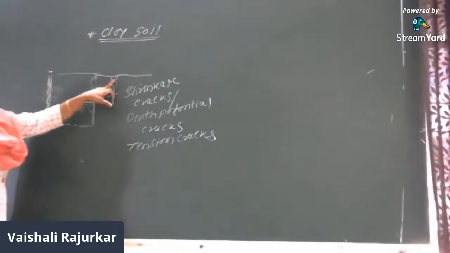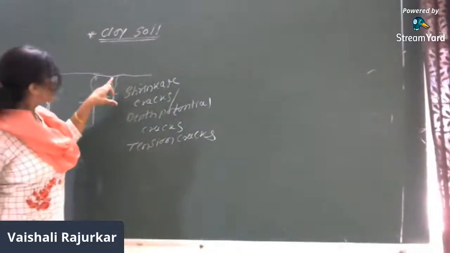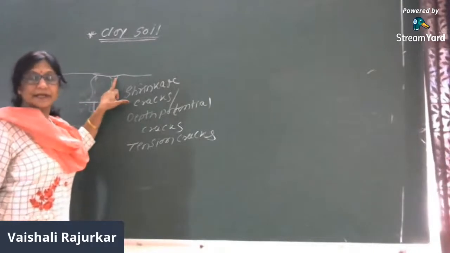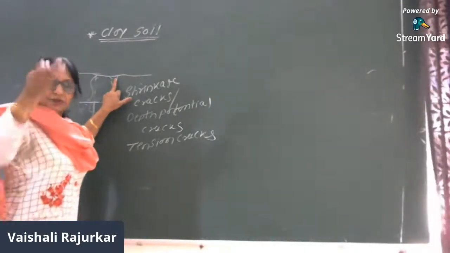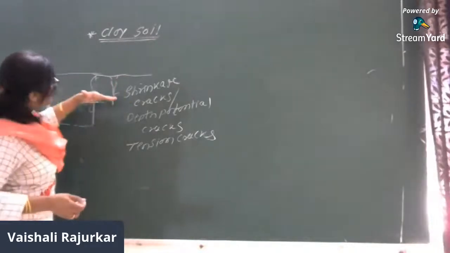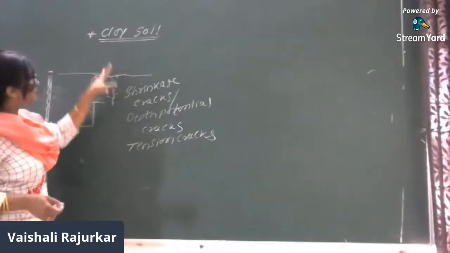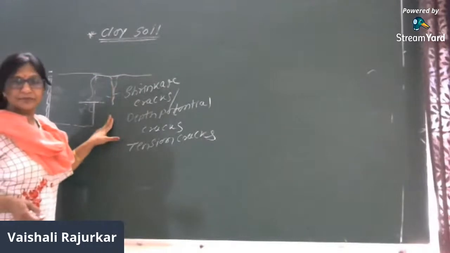So these are the cohesive soils. When they are exposed to the atmosphere in the summer season, due to moisture movement, some moisture gets evaporated from these portions, and these types of shrinkage cracks may be formed.